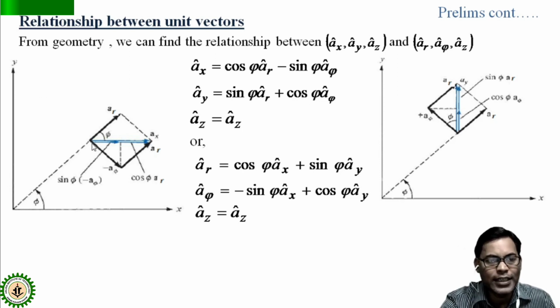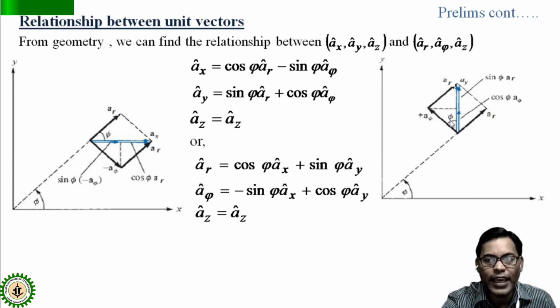Now, as I said earlier, this is the vector r, this is the x-axis. So here the unit vector is ar, and this angle is phi. If we draw the x-axis here, then this will be phi, this angle will be 90 minus phi and this angle will be phi.